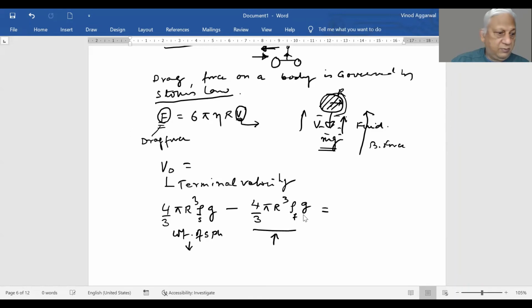This will be balanced by drag force. Let's call it terminal velocity. So when we rearrange these terms, we get rho of solid minus rho of fluid.